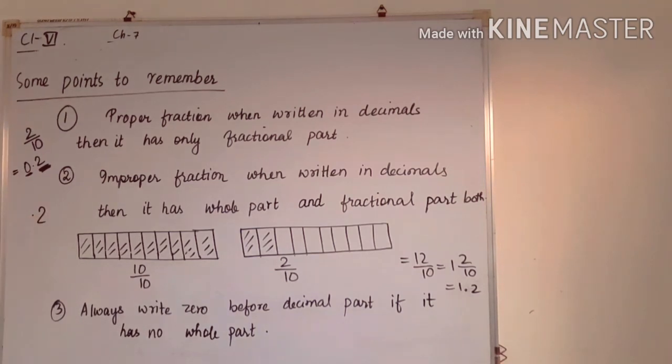Sometimes what happens is, if you write a sentence, after that sentence you put a full stop, and after the full stop you write .2. So it can be confusing whether it is a decimal point or a full stop. So just write 0 before the decimal point, for better understanding. So these are some points you have to remember.